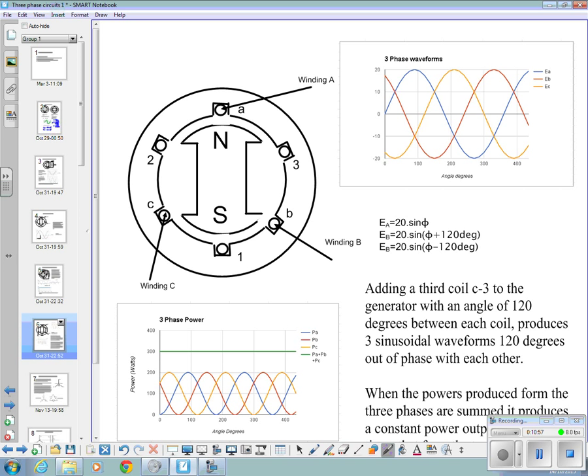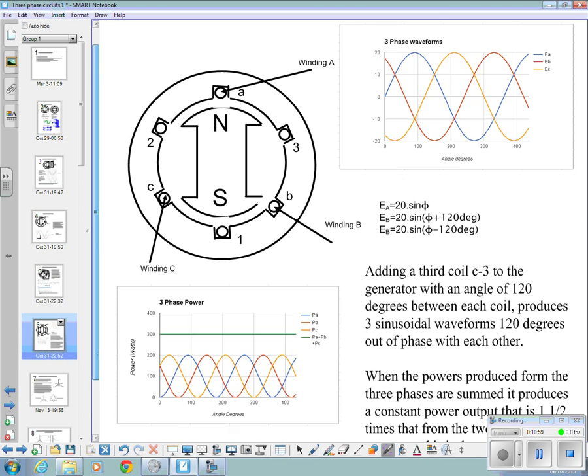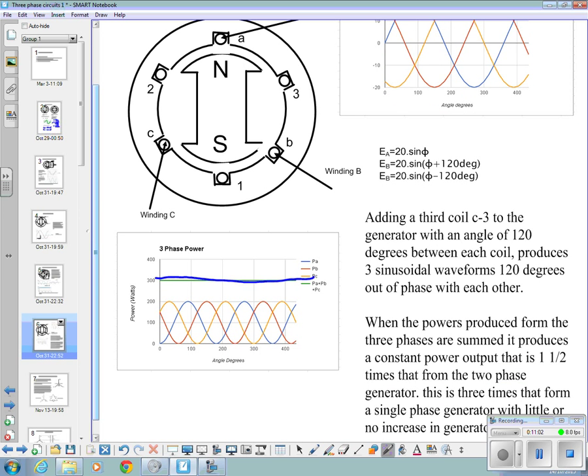What we get now, when we add all the powers together, that green line up the top there, is all three powers added together. For adding one more winding, we get more power output. And that's still for very little or no increase in the physical size of the generator. Okay, so we've got 50% more power, 1.5 times the amount of power we had before, out of a generator the same size by adding a third winding.